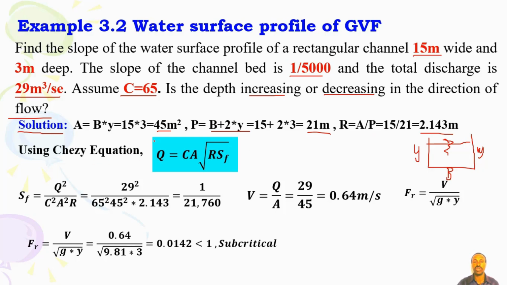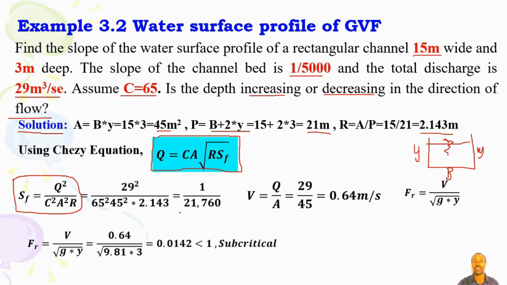Then using Chezy equation, if Chezy roughness is given, you will use this equation for flow rate. Otherwise, if Manning roughness is given, you will use the Manning equation. From this, you can find Sf, which is the slope of the energy line. Squaring both sides, you get this equation, Sf equal to Q squared over C squared, A squared times R.